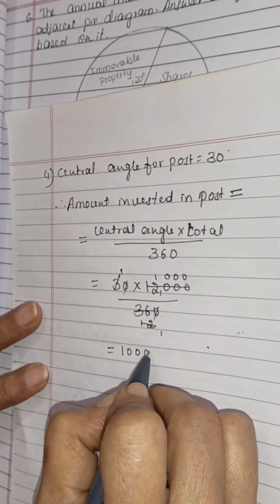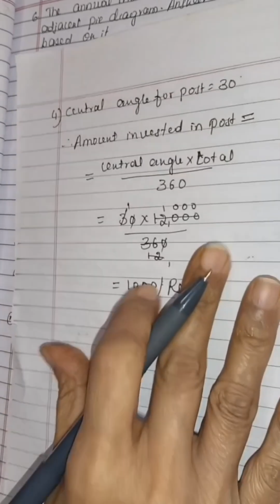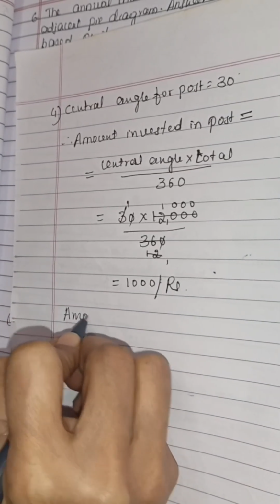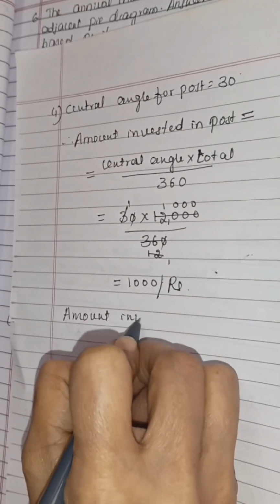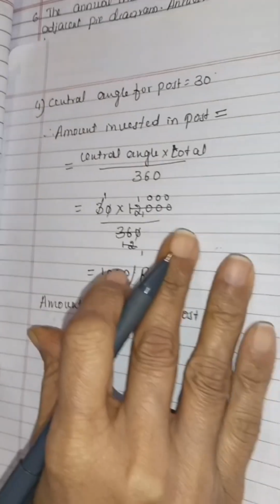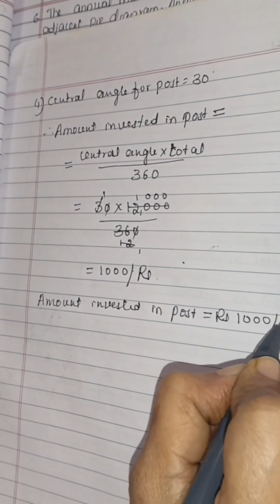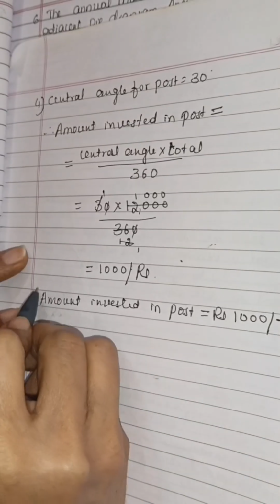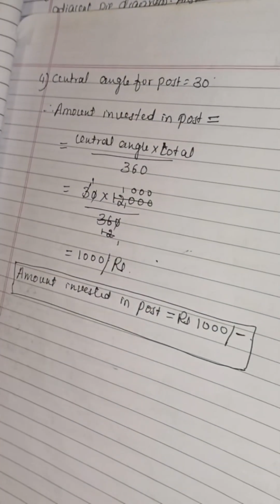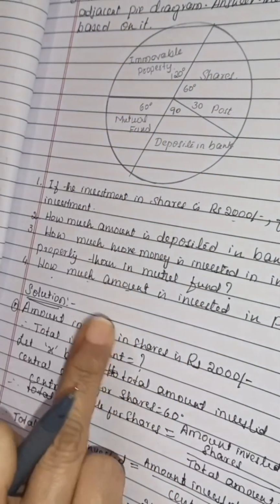This is the amount invested in post, in rupees. Therefore, the amount invested in post is rupees 1,000. So this is the answer for question number 6.